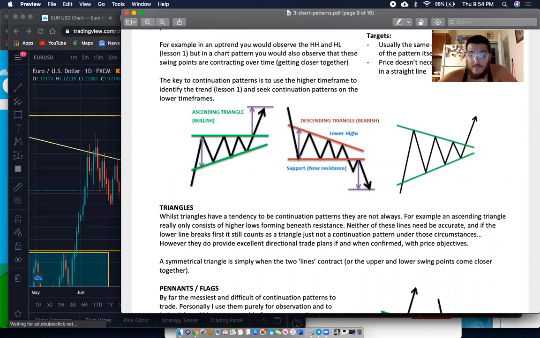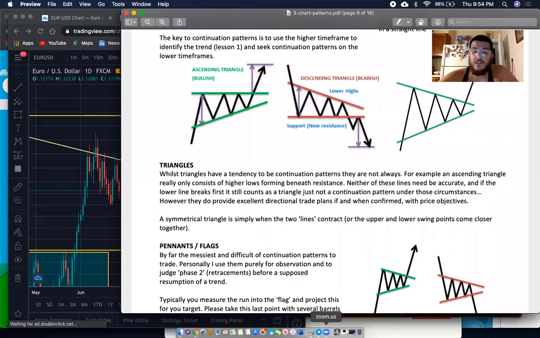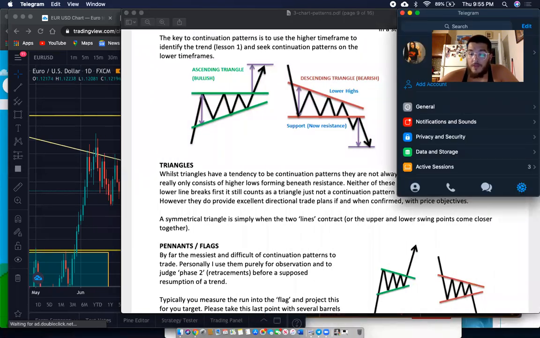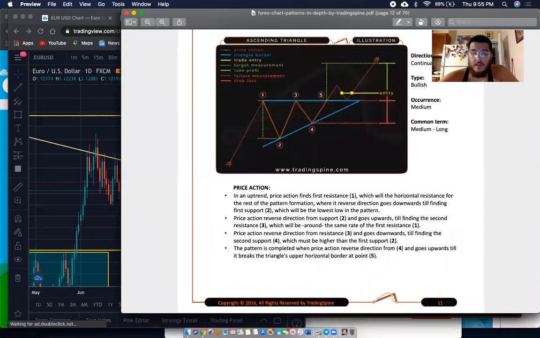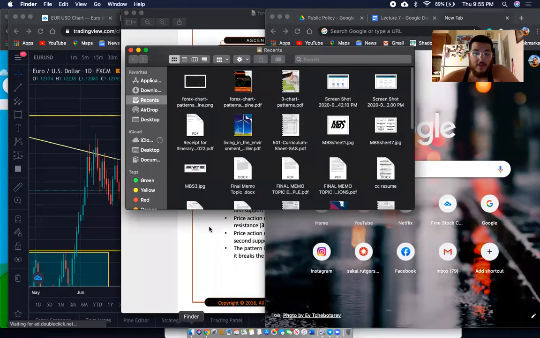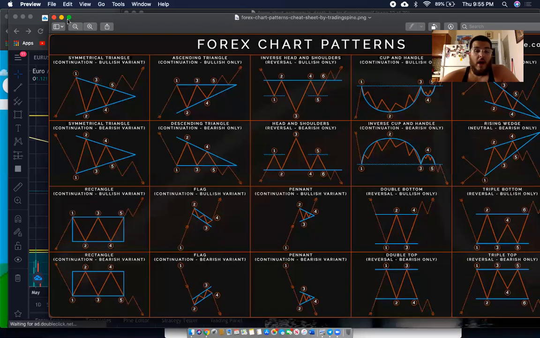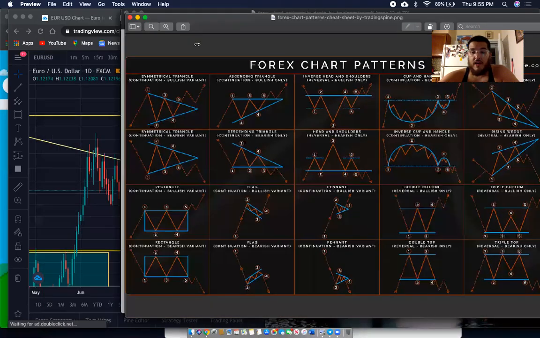Does that make sense? So it's important for you to really practice this. What I'm going to do is drop these study files that I got here. Let me just find this folder. I got too many things open right now. This is a perfect one. This is one of my favorites. I dropped this in the chat the other day. Let's take this and bring this to the side.